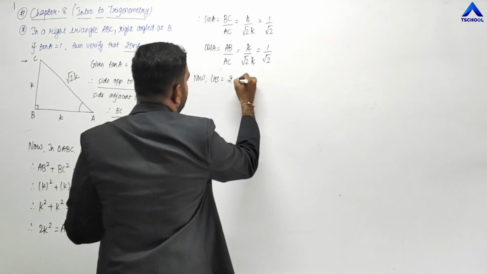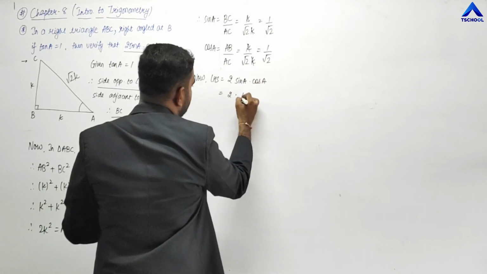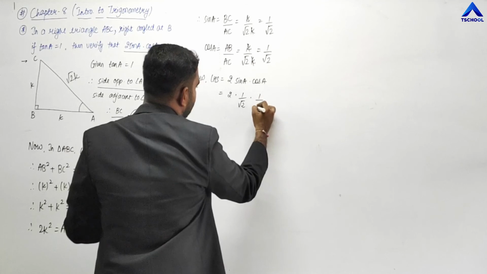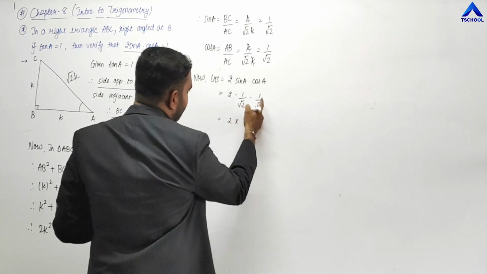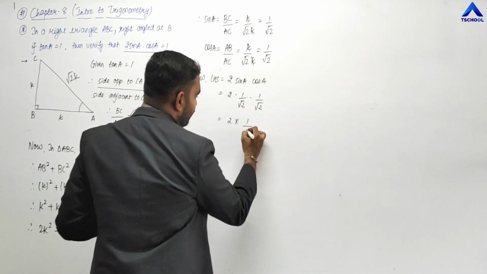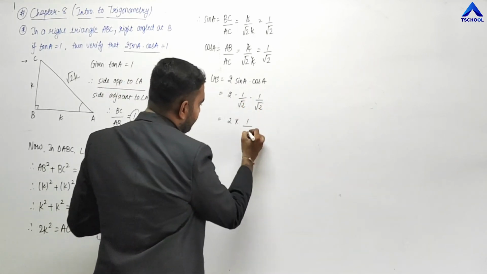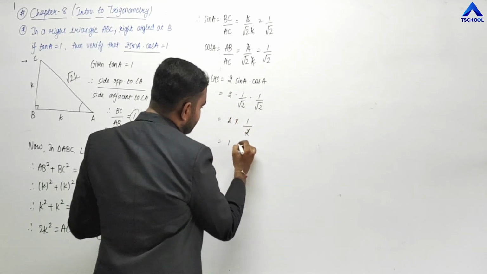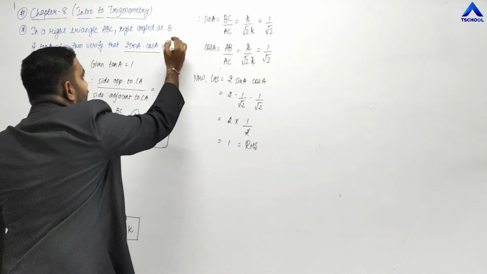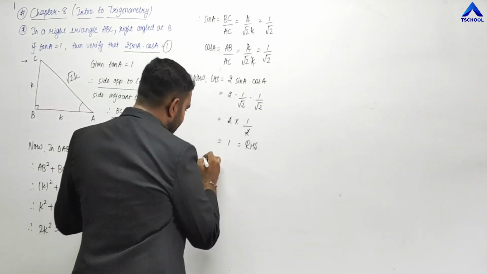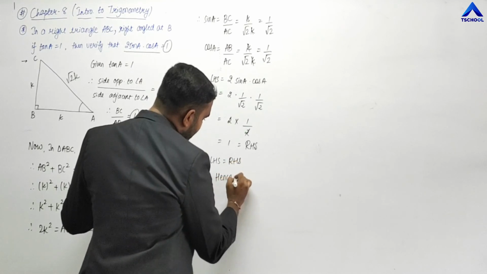That is 2 sin A into cos A, that is 2 into 1 upon root 2 into 1 upon root 2, which is 2 multiplied by 1 upon 2, because root 2 into root 2 is 2. This 2 and 2 can be cancelled, and hence this is 1, which is the RHS of the equation that we need to verify. Therefore, LHS is equal to RHS, hence verified.